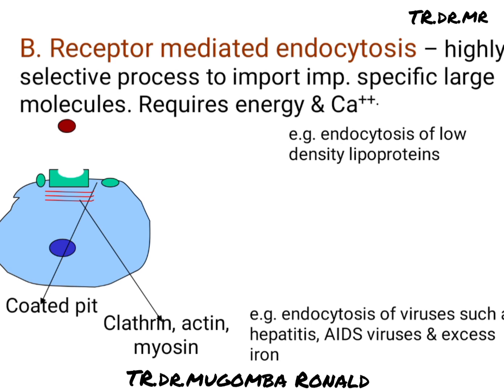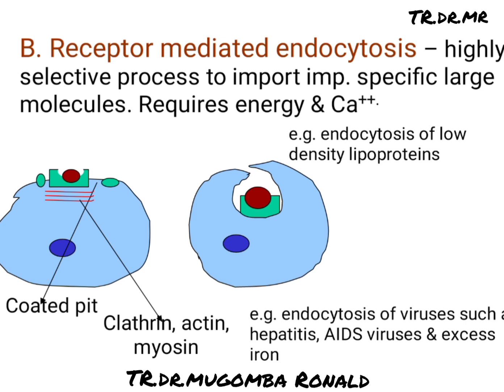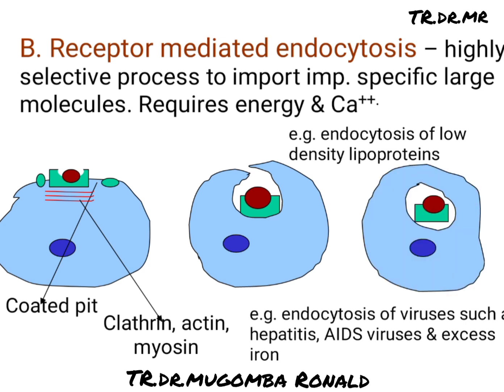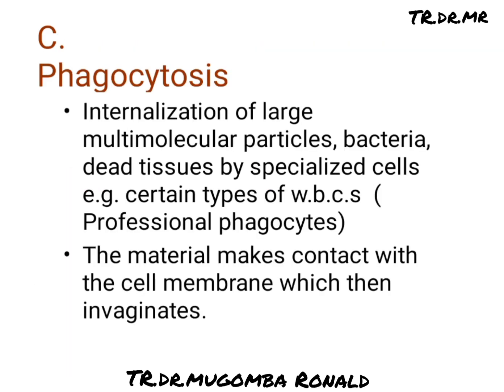You can see it there. You can see an invagination has been formed, and then an endosome has been formed, which has the virus, like the hepatitis B virus, the AIDS virus, all of them are taken in like that, and even excess iron.